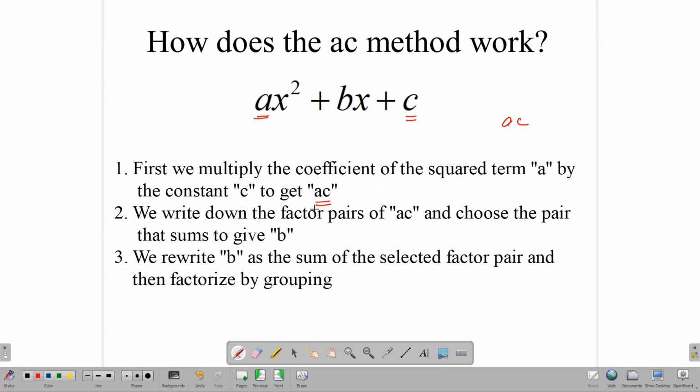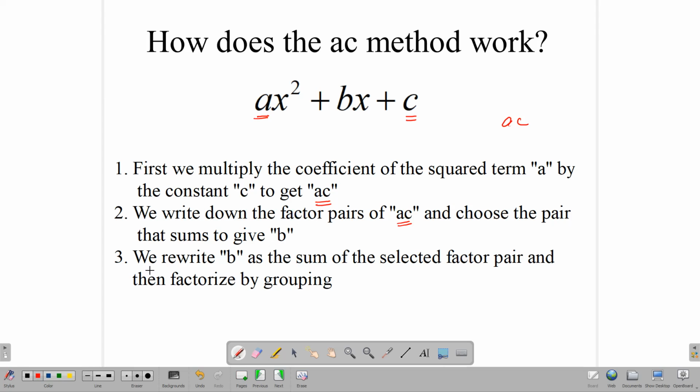Once we get our product, we go to step 2, where we write down the factor pairs of ac. When you have a number, you can break that number into product pairs. So we can look at the different factor pairs of this ac. Sometimes there'll be one, sometimes there'll be many. Then we choose from those factor pairs the pair that sums to give b. It will make more sense in a moment when we start going through it.